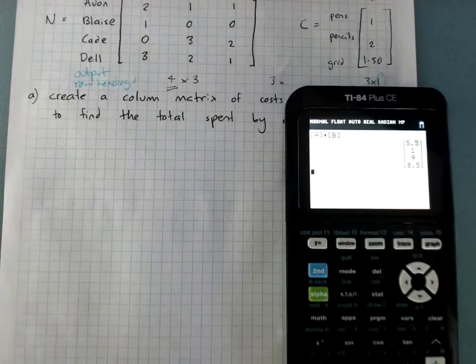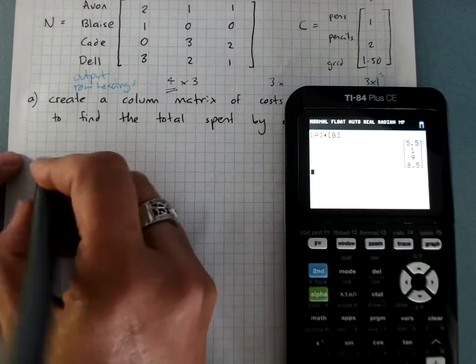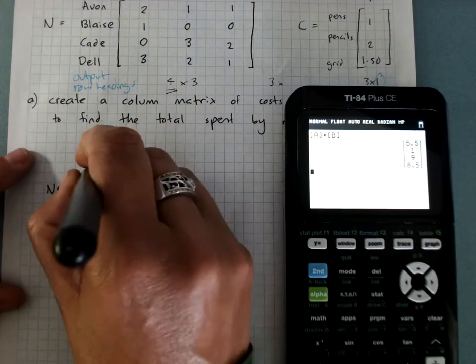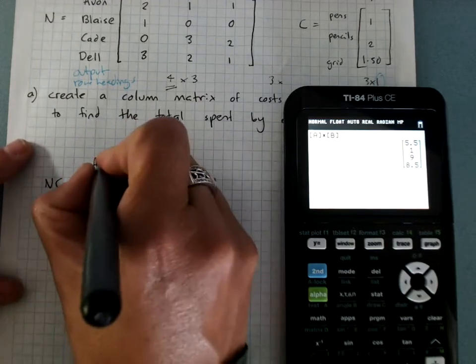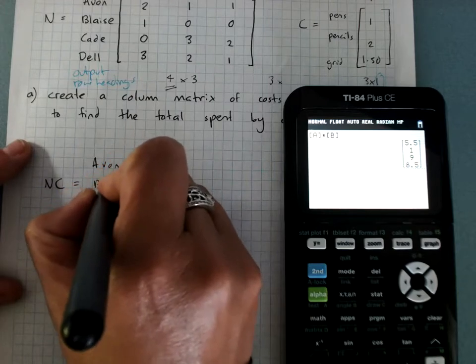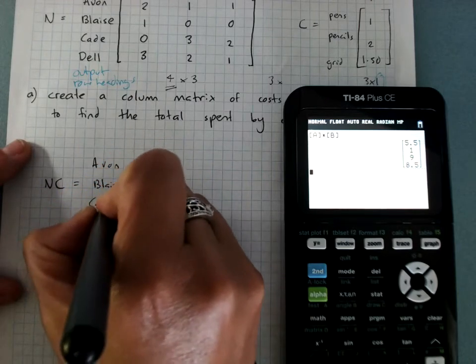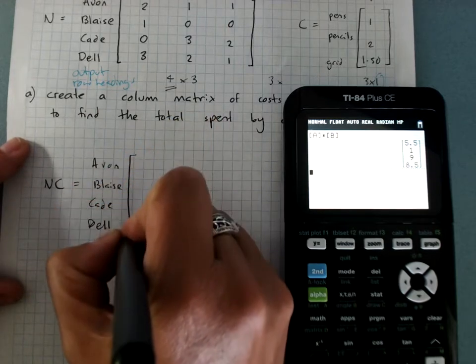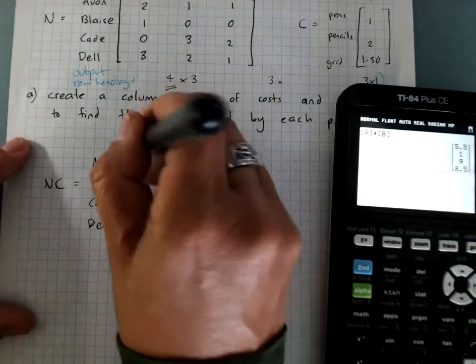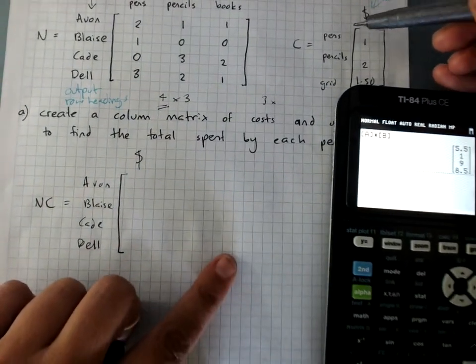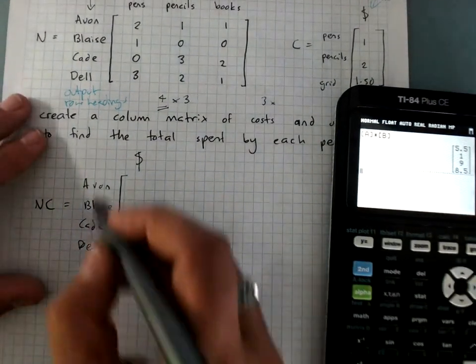So matrix N times C, we had the row headings from the first matrix, and it's a 4x1 matrix with the cost heading of the second matrix, the column heading.